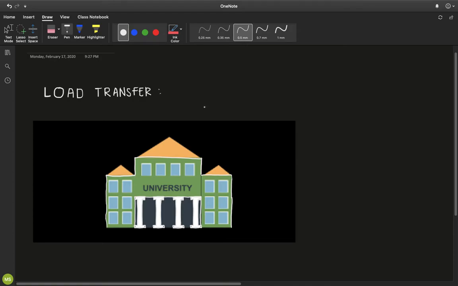Okay. So load transfer essentially is its definition.